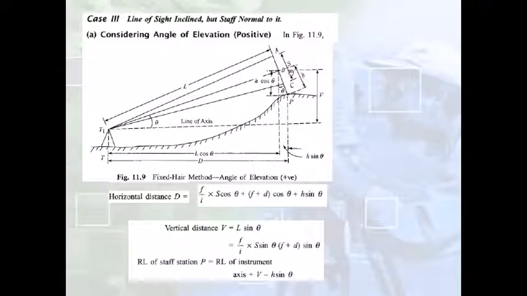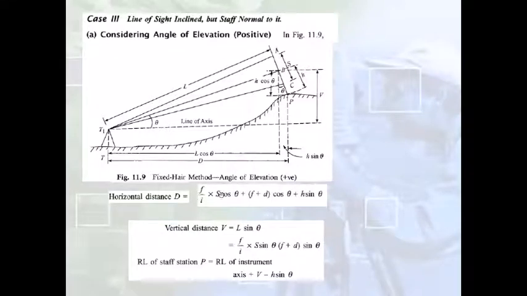And this small h is actually your hypotenuse. In order to calculate this distance, we use the sine equation, and this distance becomes h sine of theta. So in this factor, if we add h sine of theta, we get the distance which is actually between the instrument station and this point P.